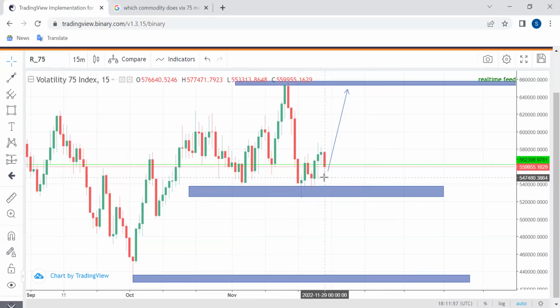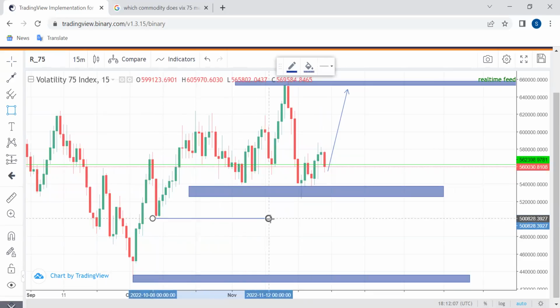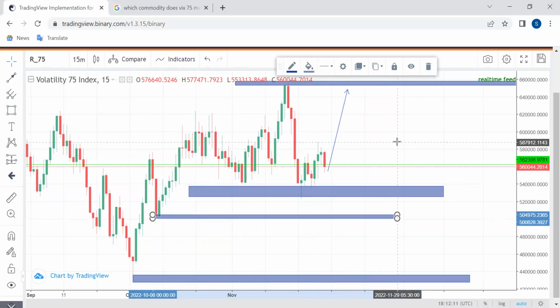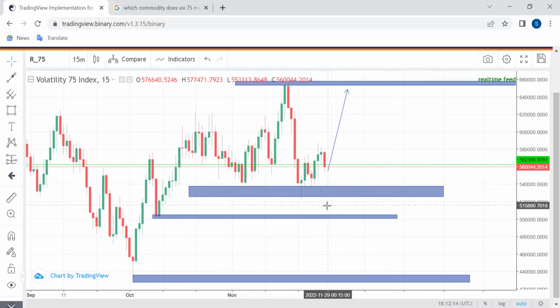Now, confirmation number one will be the market breaking out of this zone over here. Let me identify this other low, previous low, that one. So if it breaks out of here, I'll place my first sell, the stop loss above this zone.